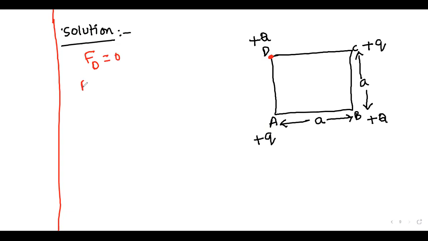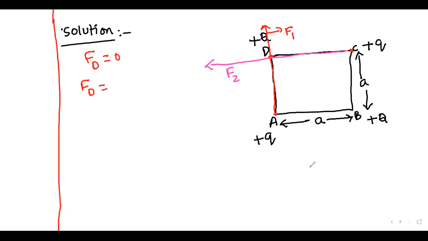We know that force at D means due to A and due to C. Due to A, since both are positive charges, they will repel each other. I am considering it as F1, that is F1 is the force acting at point D due to A. Similarly, there will be a force acting at point D due to C, which I am considering as F2.